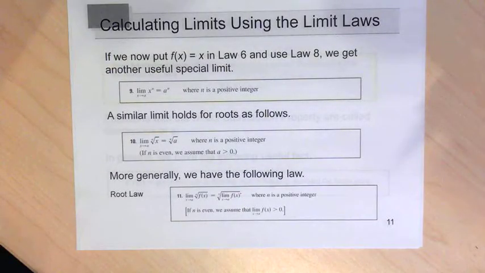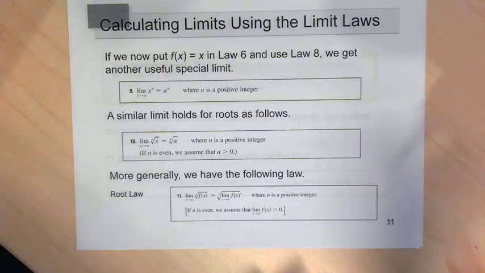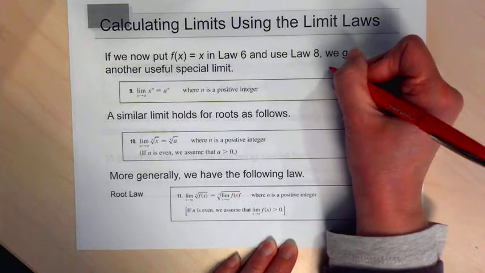Let's look at the 9th and 10th power rules. The limit as x approaches a of x to the n, we could follow the same procedure we used in looking at the limit laws 6, 7, and 8, or if you applied your knowledge of rational exponents.